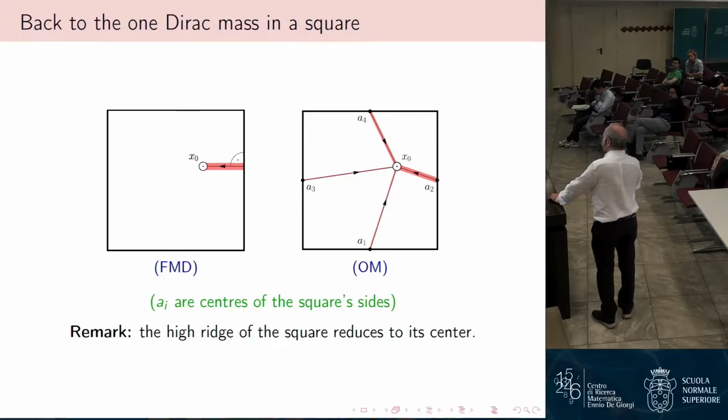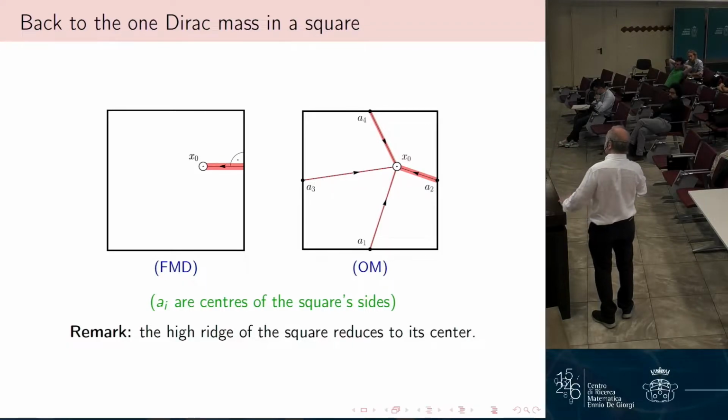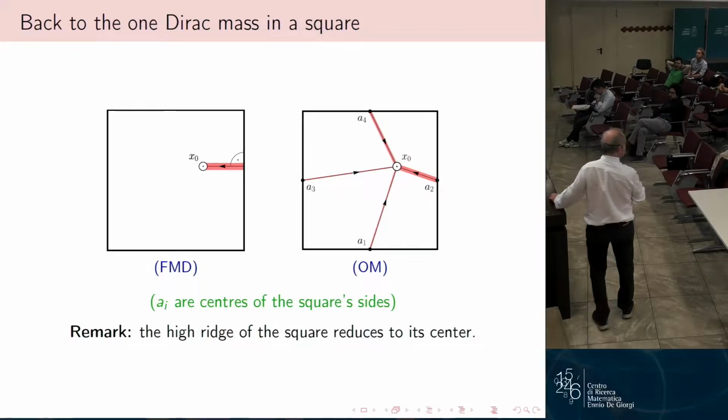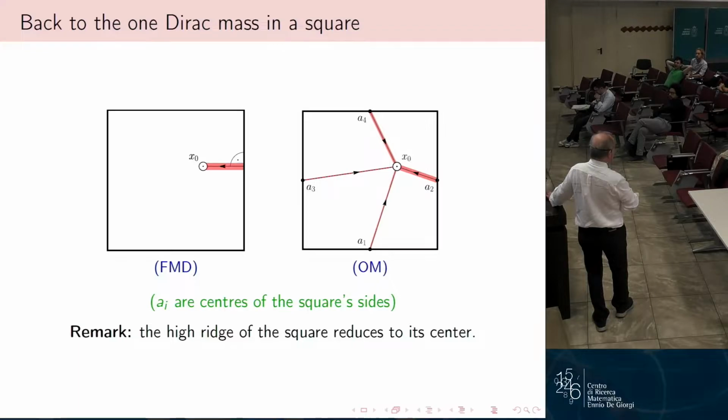You have a structure with a different weight on the lines, of course, and here you obtain exactly the middle point of the side of the square. We were very, very surprised by this.